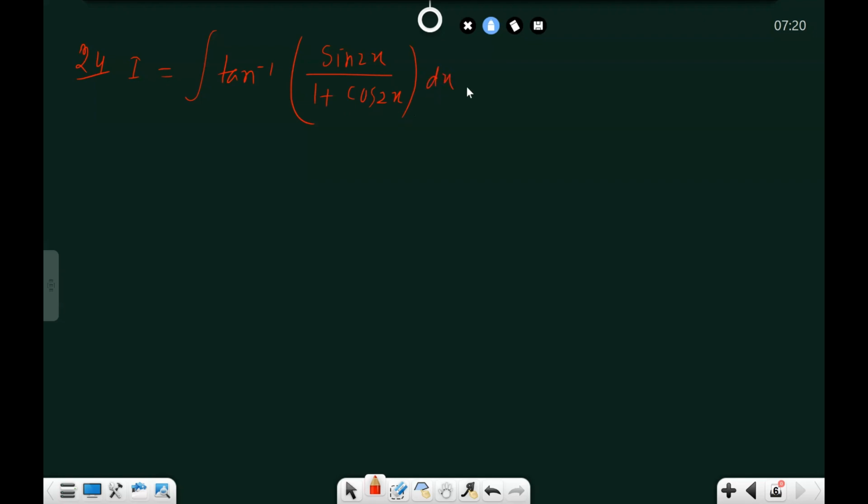And now think what to do with this problem. So before going to the integration portion, you just have to remove this tan inverse by converting this part as tan something, and that can be done.